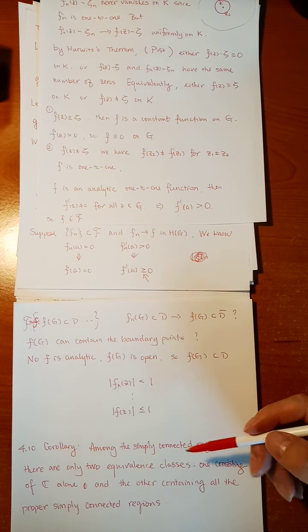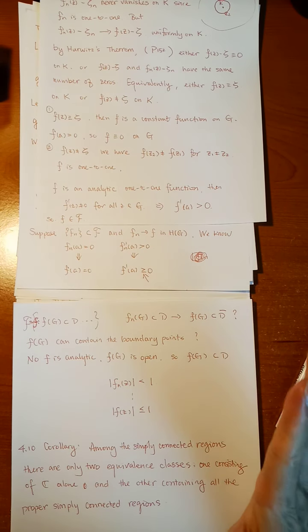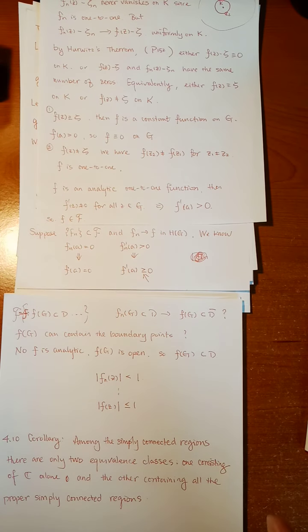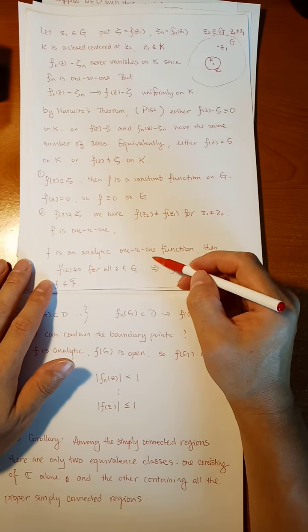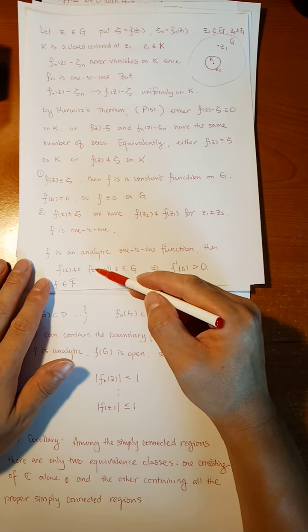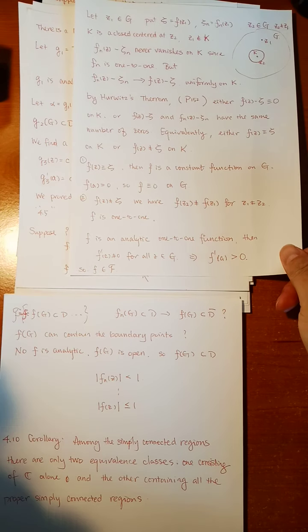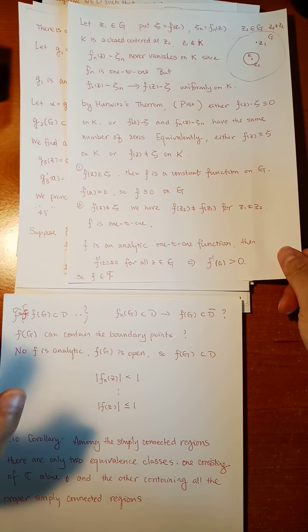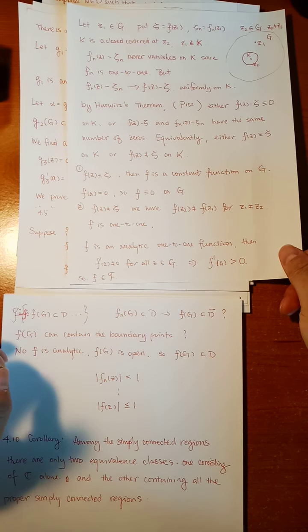So this is a very short section, but it contains a lot of information and also some techniques. You should learn something first: an analytic one-to-one function has non-vanishing derivative. You should be able to prove it by yourself. And second, any analytic one-to-one function has an analytic inverse.